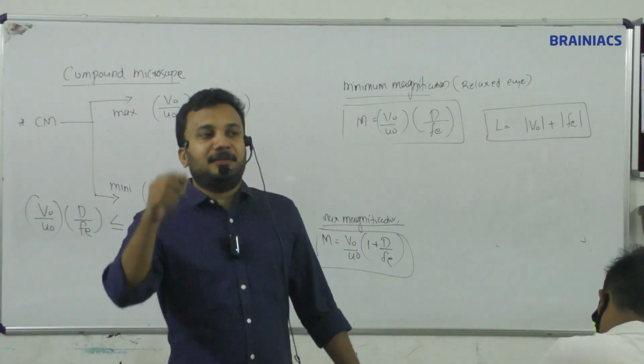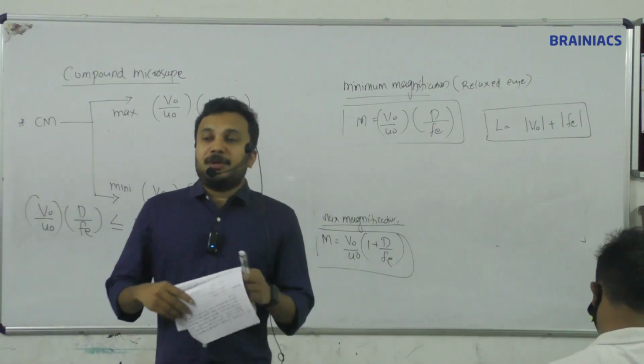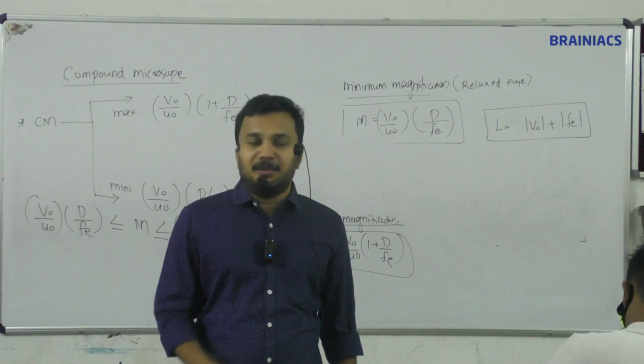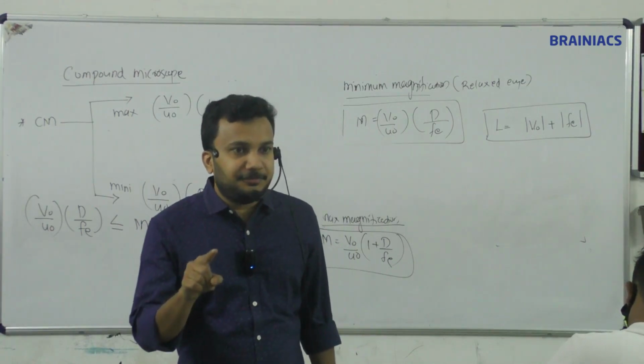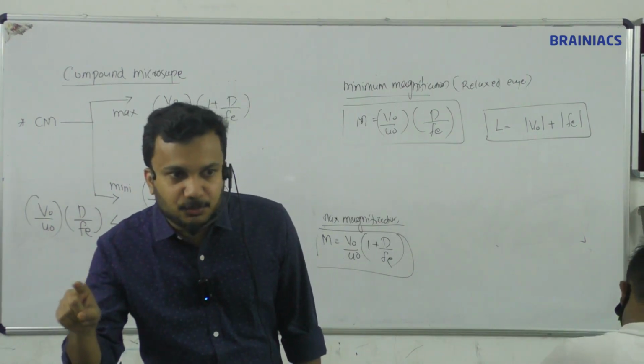So F0 is there, VE is there. Next, you can find out UE, right? UE you can find out from this one: 1 by FE equal to 1 by VE minus 1 by UE.